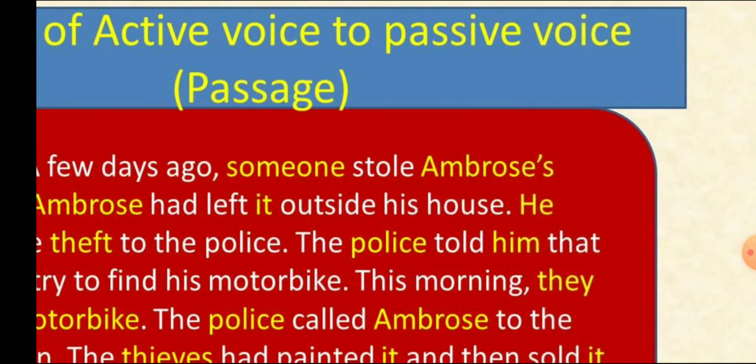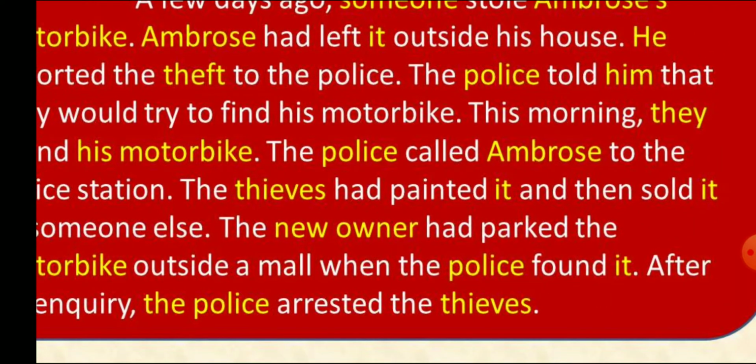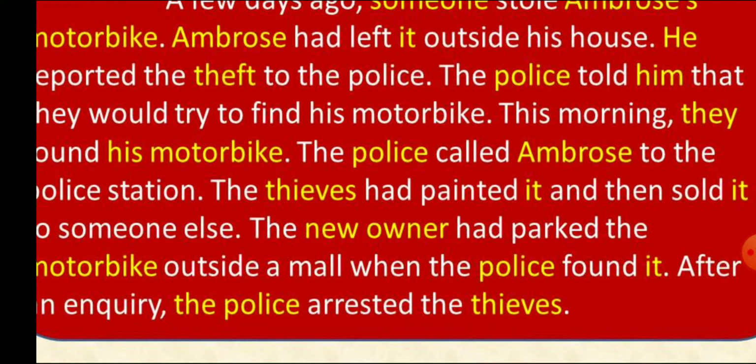Yes, the next statement: The thieves had painted it and then sold it to someone else. Here two clauses are given and joined by using and. The thieves had painted it: It had been painted by the thieves. That is the first main clause.